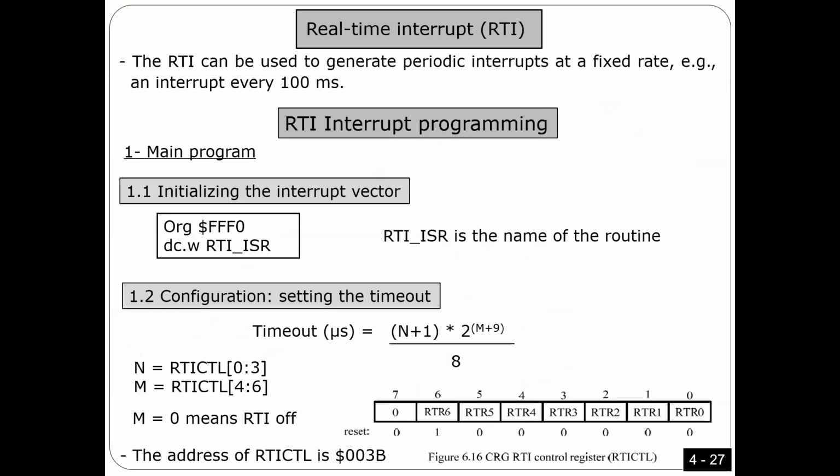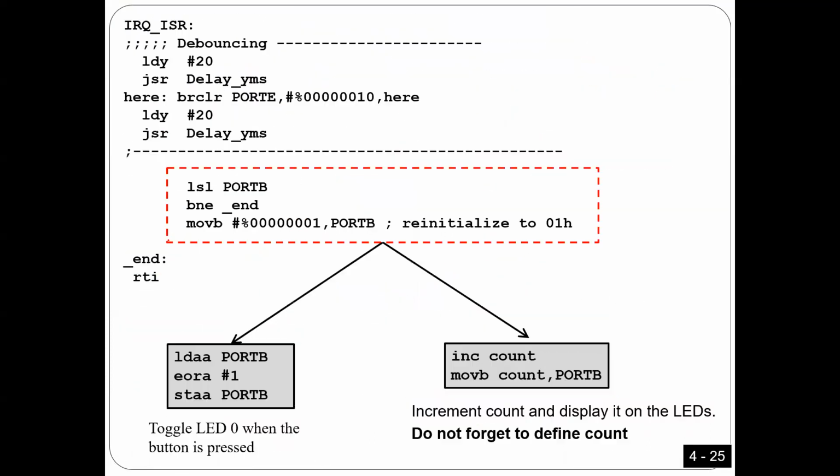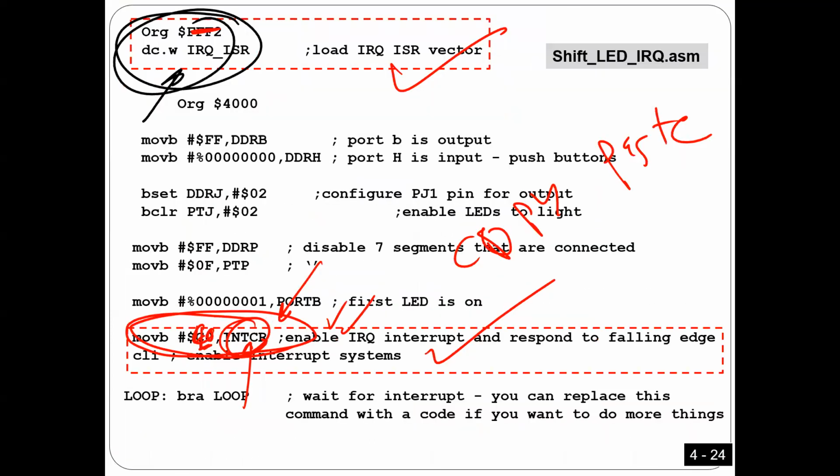So now, number one, RTI means real-time interrupt. This is coming from a timer. Again, I'm going to repeat the same thing I explained before, guys. If you want to program RTI, you have to use this one here, similar to what I did before. The only difference is that you are going to change the number here. In the last one, I used, I think, FF2, right? As you see here, I used FF2.